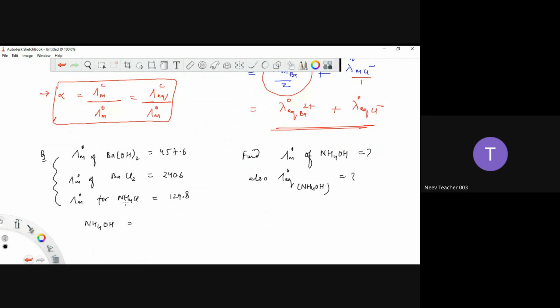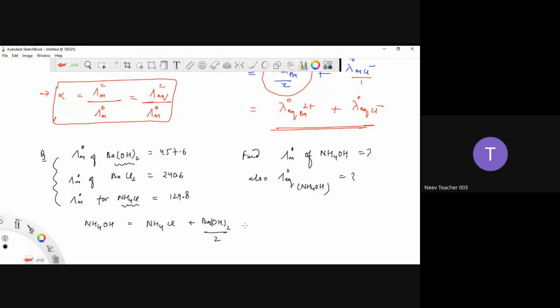You need to get NH4Cl first, and with this you need to add Ba(OH) whole twice. But you don't need OH minus twice, you need one OH minus, so you can take half of it.